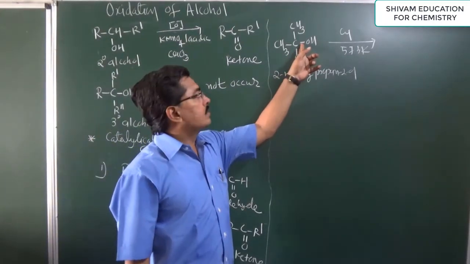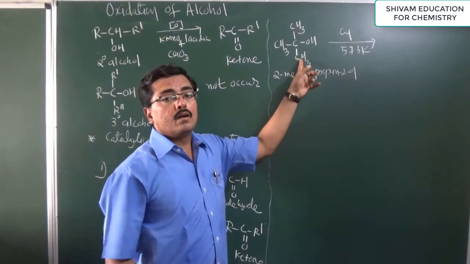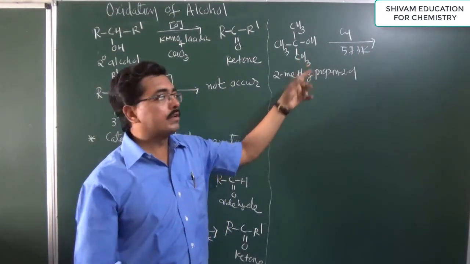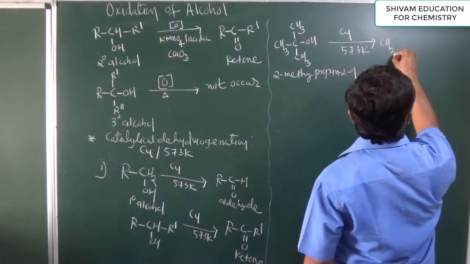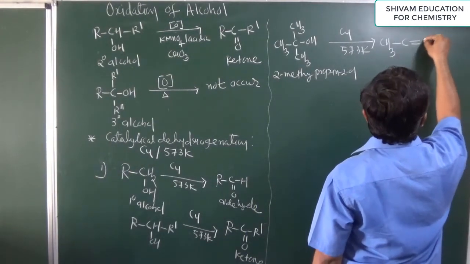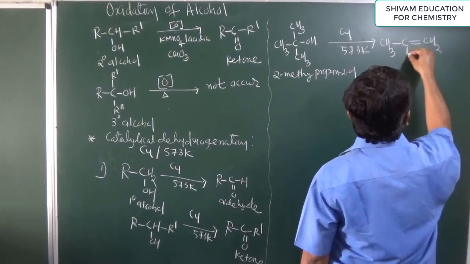From this carbon the OH will be removed, and from a neighboring carbon a hydrogen will be removed, in the form of a water molecule, and as a result we will get an alkene as the final product.